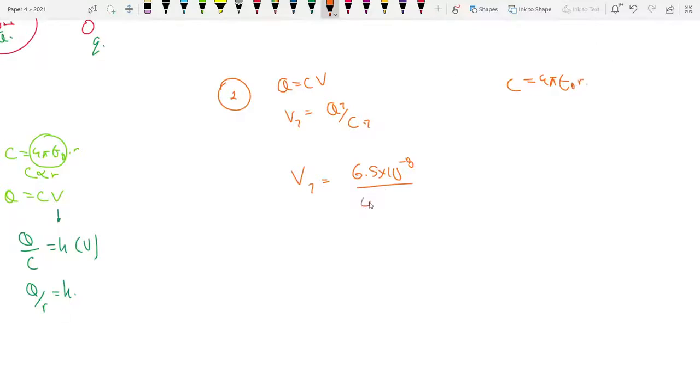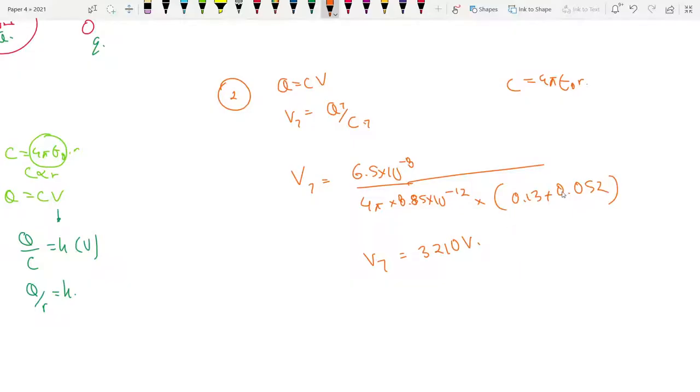So what's the total capacitance going to be for both of them? 4 pi into epsilon naught, 8.85 into 10 to the power minus 12, into R, which is the radius of both of them, basically, 0.13 plus 5.2 centimeter, which is 0.052. So if you do find this out, you're going to get a value of total voltage of 3210 volts approx.